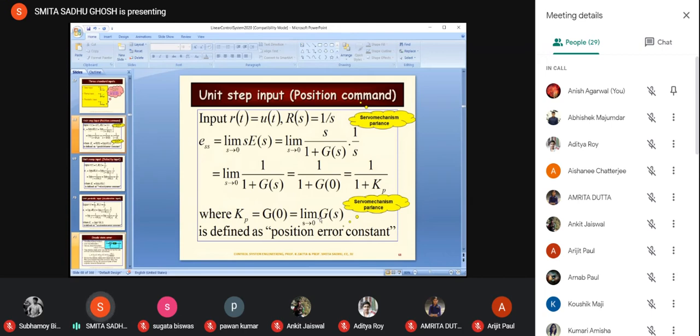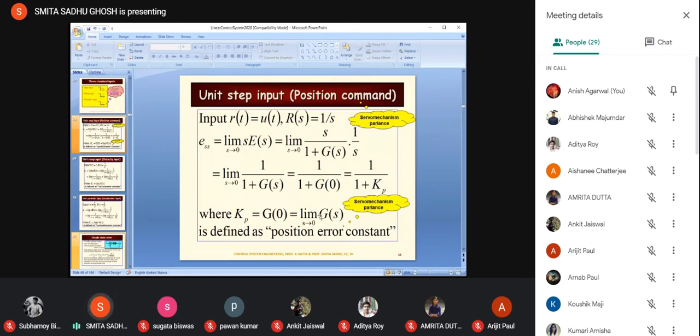And then another notation is used, which is K suffix P, P standing for the position error constant. The word position comes from the servo mechanism terminology, but Kp actually denotes the limit of G(s) as s tends to 0.